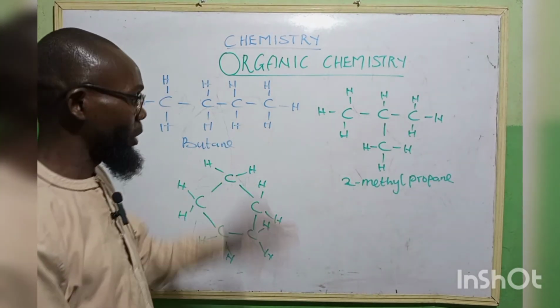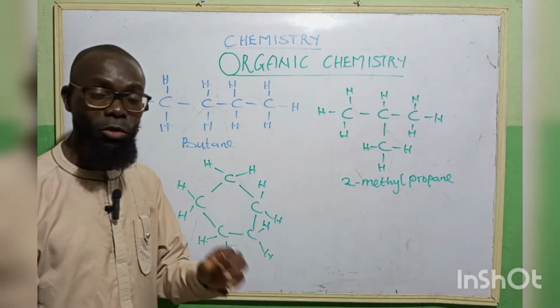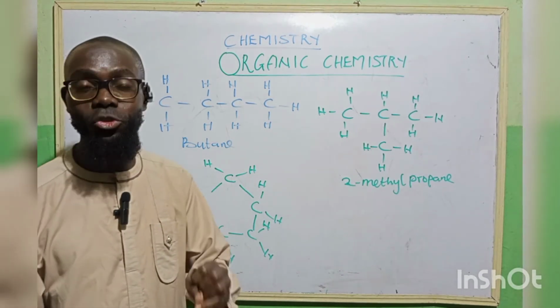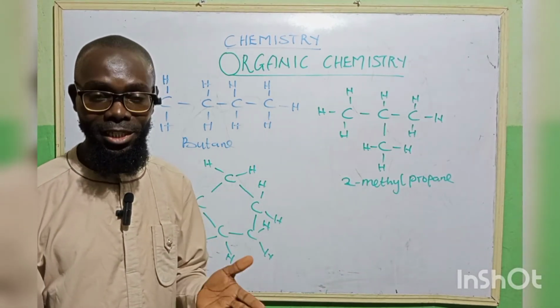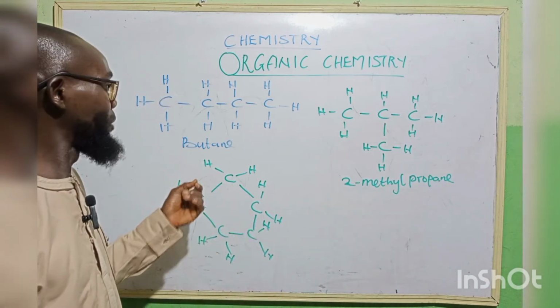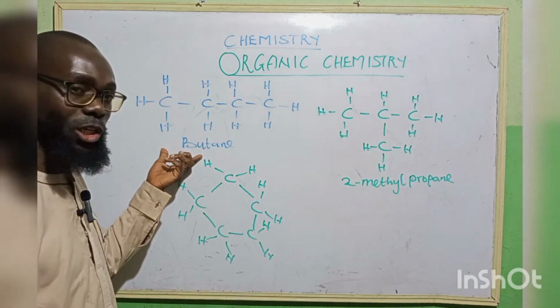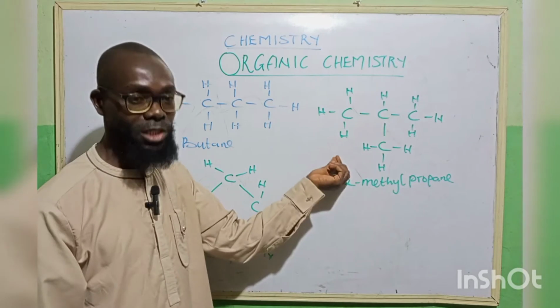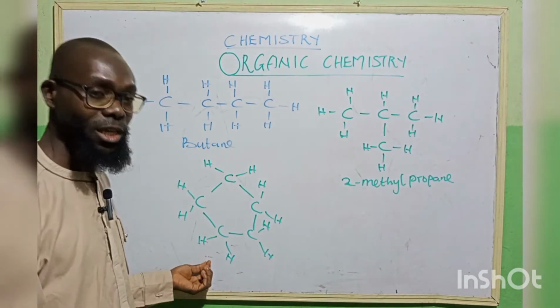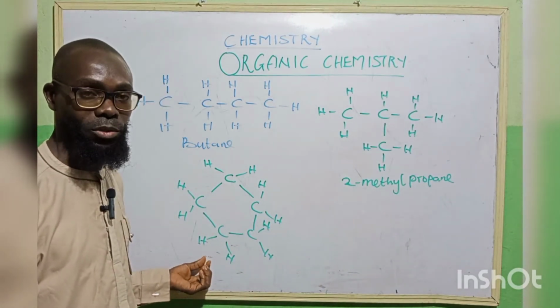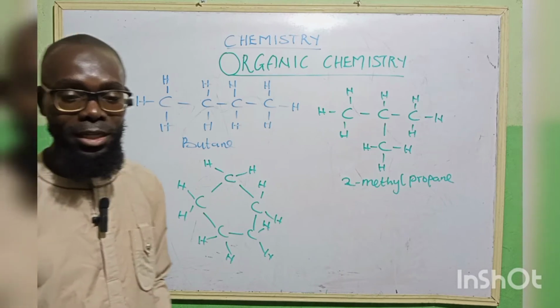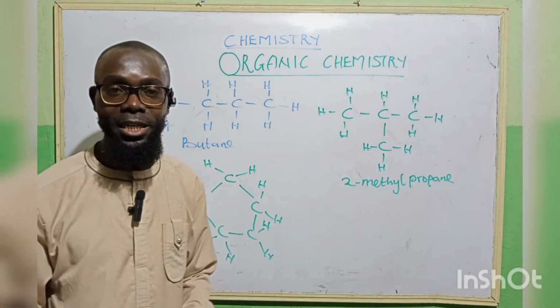So one of the major properties of the carbon atom that makes it unique is catenation. So that can make it form a long chain compound, a branched chain compound, and as well a cyclic chain compound. Now, let us look at the terms in organic chemistry.